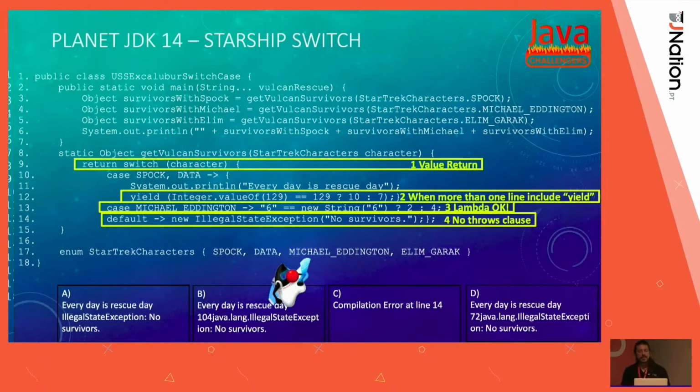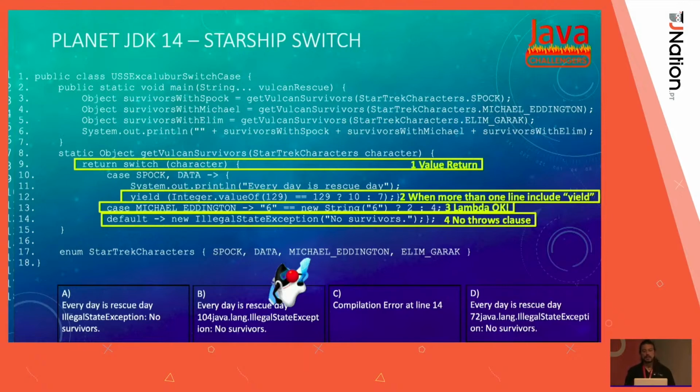And as you can see, when we have more than one line in the case statement, we have to use the yield keyword, and this yield keyword will basically just return the data. It doesn't do anything else other than that. OK, so those are the important points about the new switch case statement.